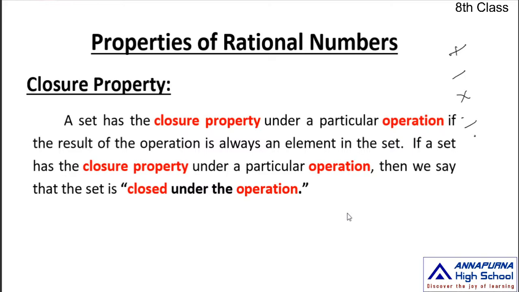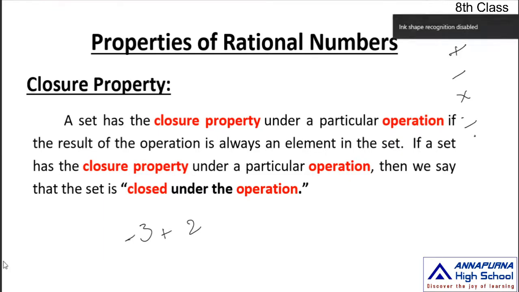Let us choose any two integers. Here I am choosing two integers, -3 and 2, and adding them. -3 plus 2 is equal to -1.